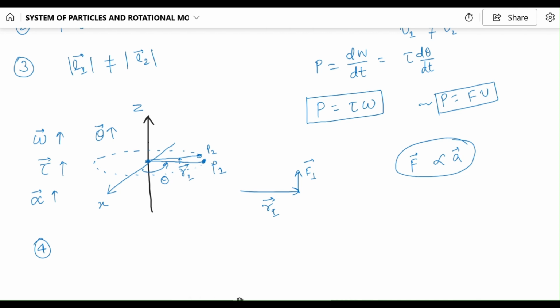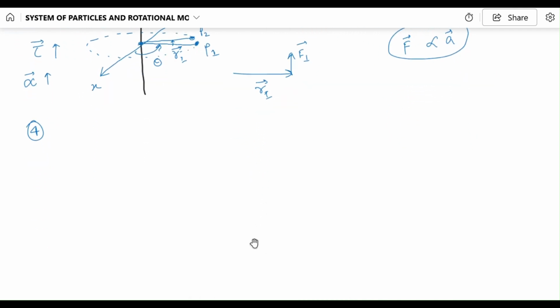Next point. Now we can move to the energy part. We know that the work done will be the change in kinetic energy here.